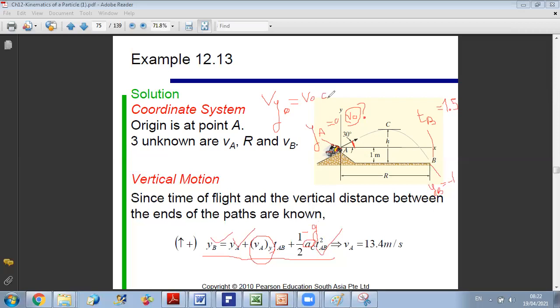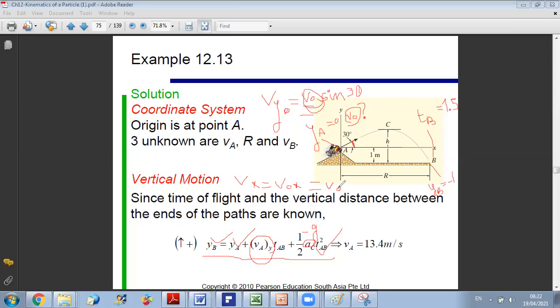So once you get VY0 from the equation of y, you can replace in this equation to get the value of V0. And once you have V0, then you can get Vx. So Vx is constant, equal to V0x, which is equal to V0 cosine 30.